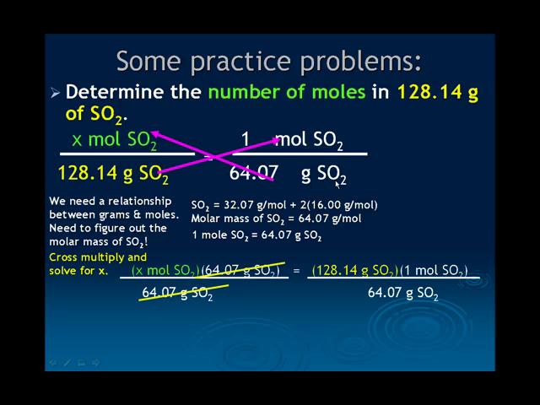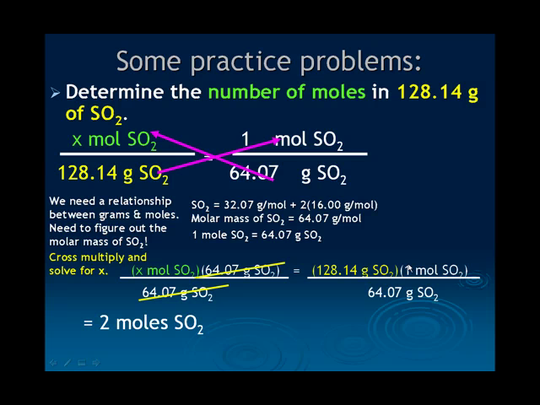My 64.07 cancels out. And then for my math problem, I just have 128.14 times 1 divided by 64.07. So take a moment, enter that on your calculator. What your calculator should spit out is 2 moles of SO2.